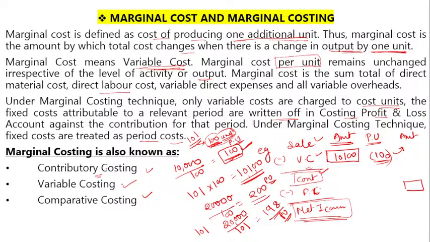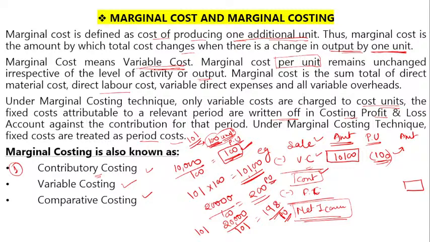Because when the company adds one additional unit of production, that is what the company contributes. And if the company produces more units of its product, the variable cost is going to decrease.